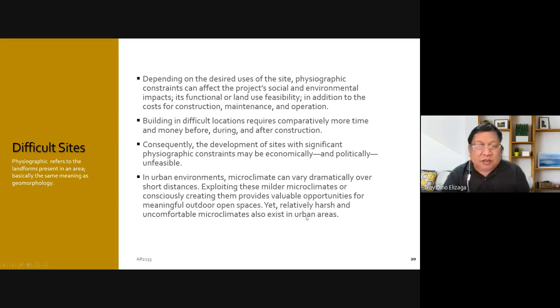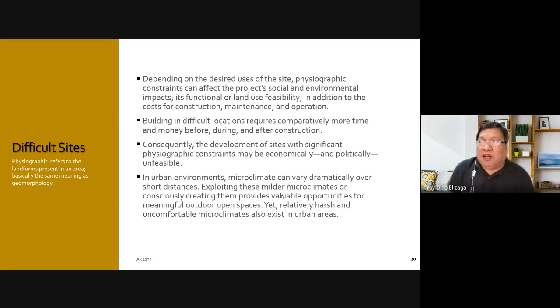Now, there's a phrase here that I wanted to emphasize, although it's not really part of the topic now, but in a general way it's actually related. It says creating them provides valuable opportunities. Creating microclimates, we can actually create microclimates.